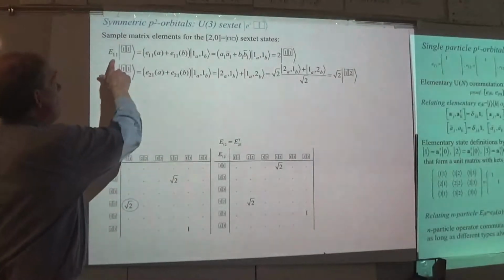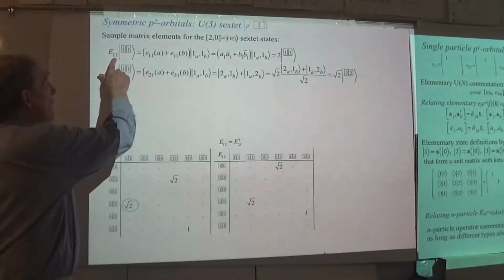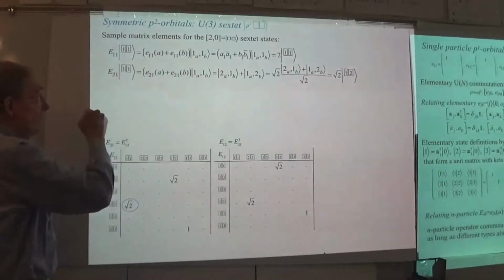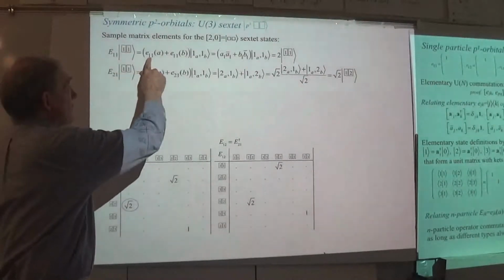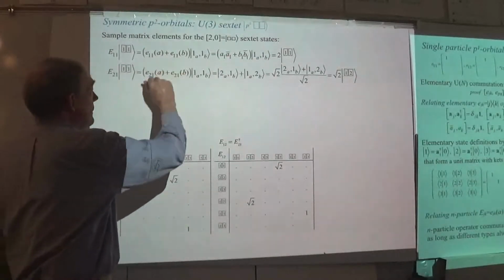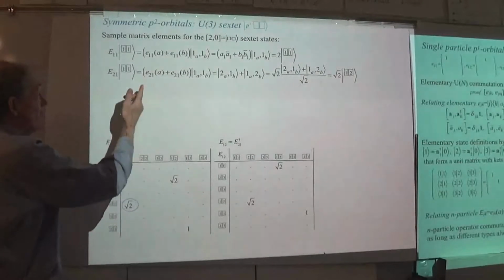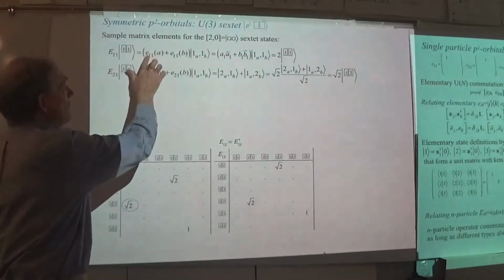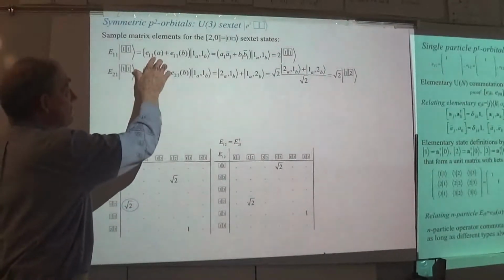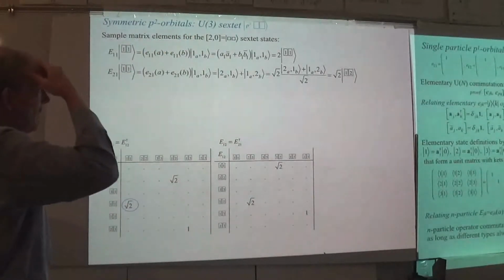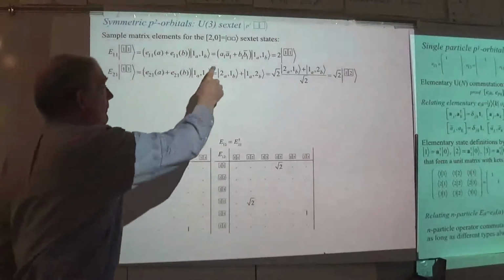So anyway, let's point out, first of all, that the elementary operator 1,1, which is the sum of the elementary operator 1,1a and 1,1b, all that's doing is counting the number of 1s. This is the good old A1 dagger A1, but we've taken the dagger away and just write the thing as A and A bar.